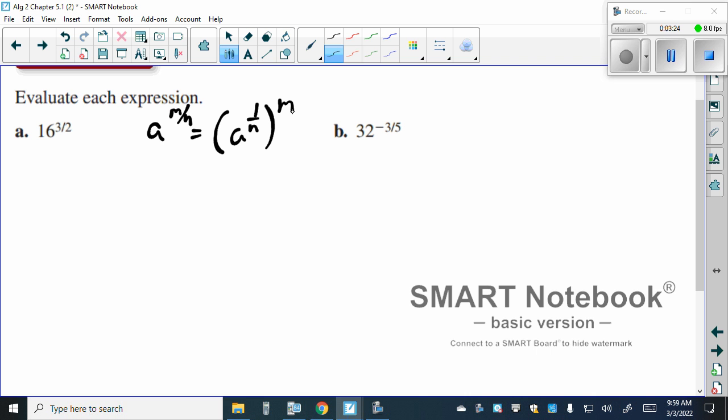Because what we can do is rewrite this as 16 to the 1 half to the third. Well, 16 to the 1 half is the same as saying the square root of 16, to the third.